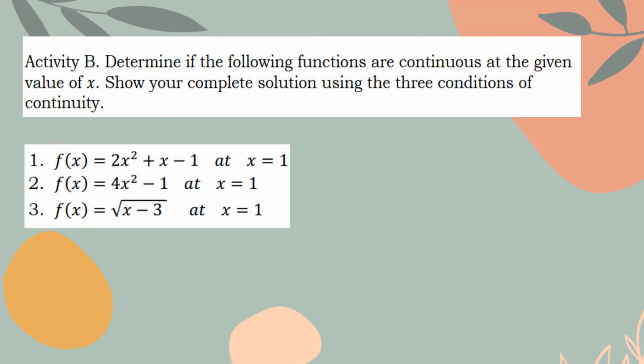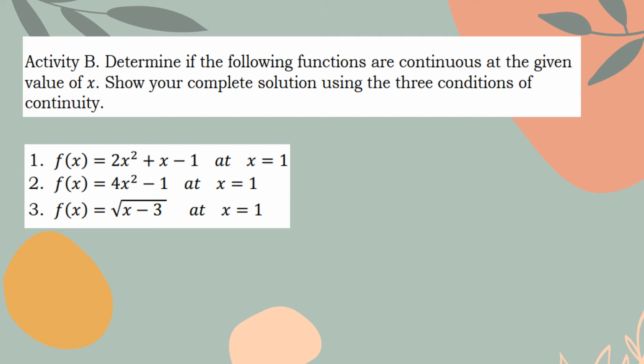Okay. So we have the second activity. Determine if the following functions are continuous at the given value of x. Show your complete solution using the three conditions of continuity. Number 1, f of x equals 2x squared plus x minus 1 at x equals 1.